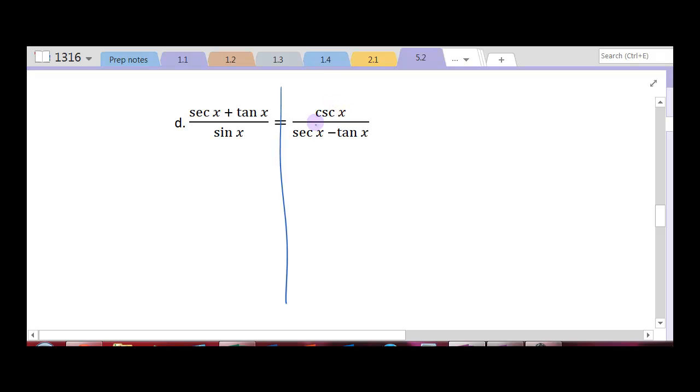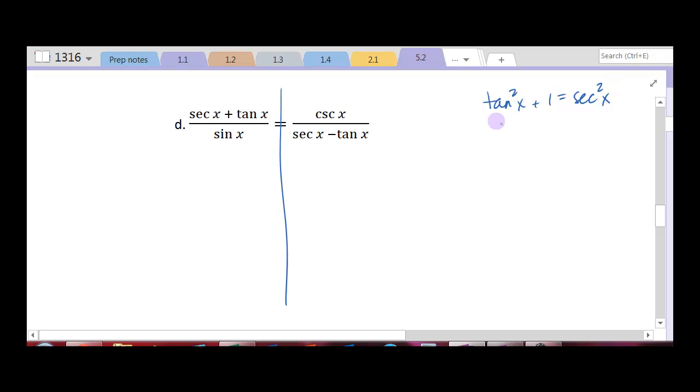So if that's the case, I'm going to work on this right-hand side, try to turn it into this over here. When I'm looking at this, I need to think, how can I do this? I have two terms in the denominator, both secant and tangent. Those are related through the Pythagorean identity. Remember, the Pythagorean identity says tan squared x in this case, plus 1 is equal to secant squared x.